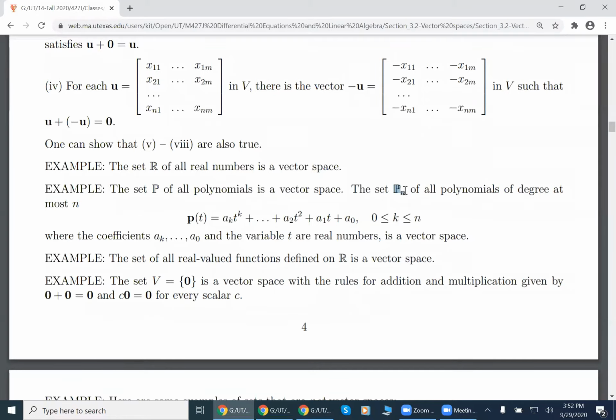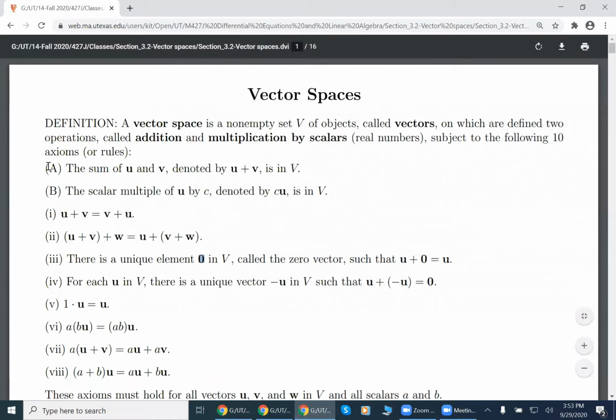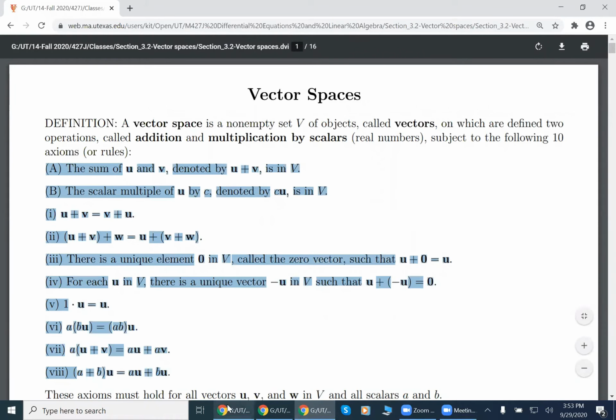So, Pn is a vector space. One can show that this is a vector space. One can show that Pn satisfies all 10 axioms.